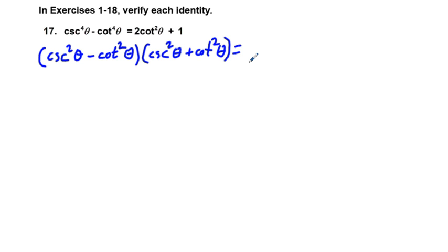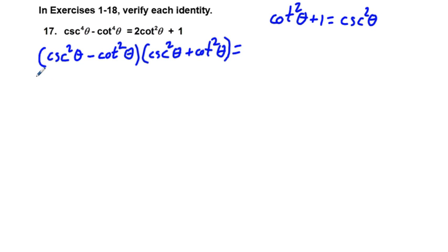Okay, so what we're going to do next with this is replace this cosecant squared theta with cotangent squared theta plus 1. Because remember the identity, cotangent squared theta plus 1 equals cosecant squared theta. So we're going to do this on the left side. And any place we see cosecant squared theta, we're going to replace with cotangent squared theta plus 1.